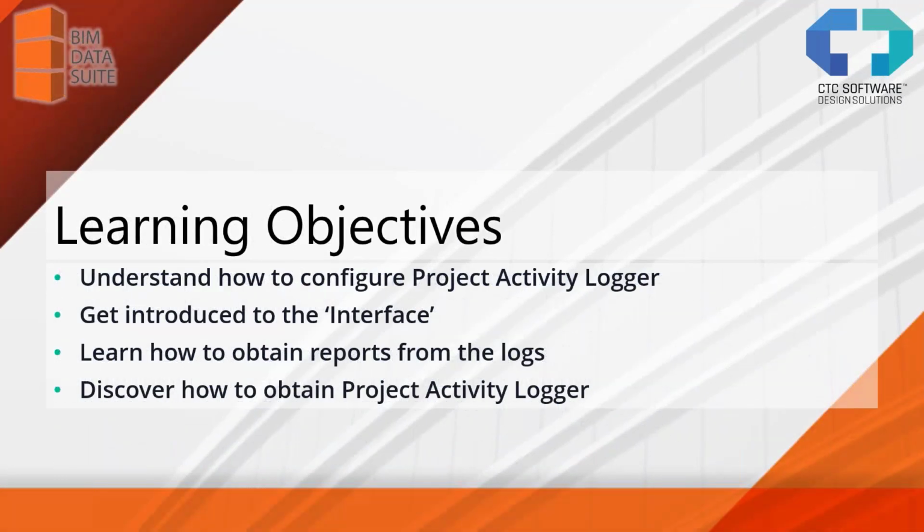So today with Project Activity Logger, we're going to discuss how to set it up and get things going, and introduce you to the quote unquote interface, right? There really isn't an interface, which is why it's in quotes like that. The big deal is the little bit of setup and the reporting. And then I'll show you how this works depending on if you have BIM Data Suite or if you have Hive.